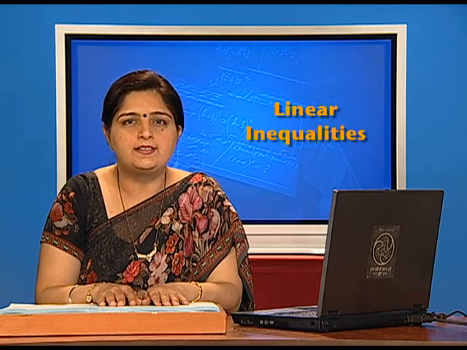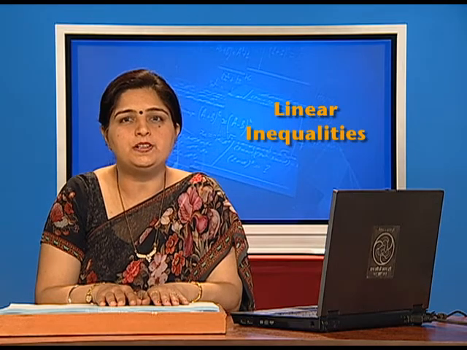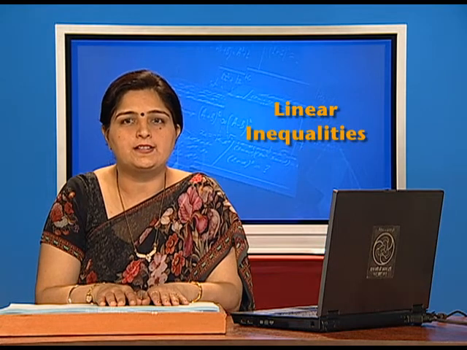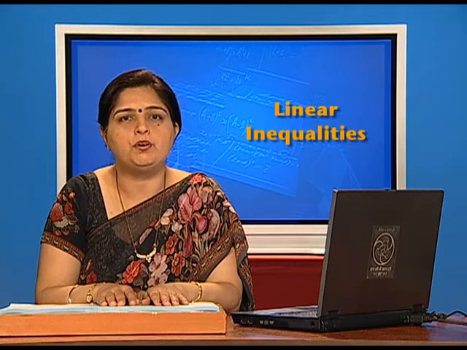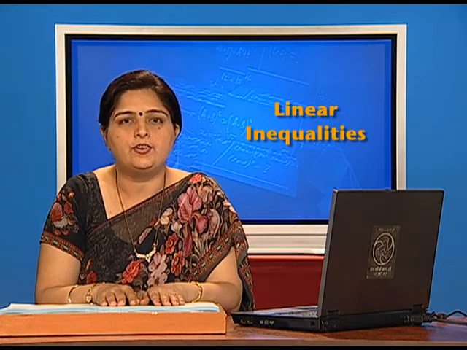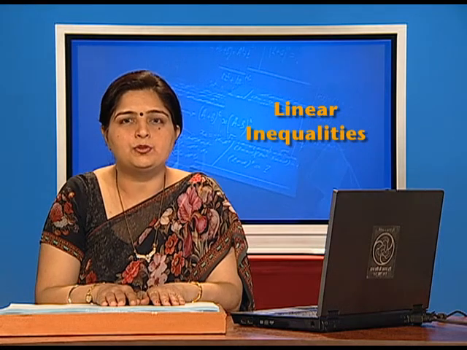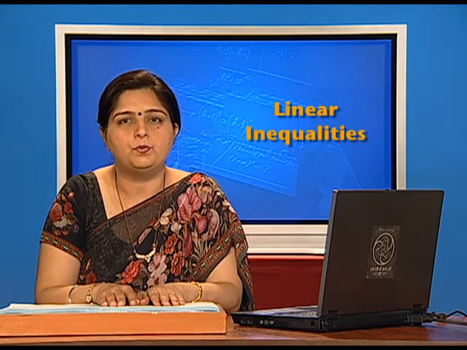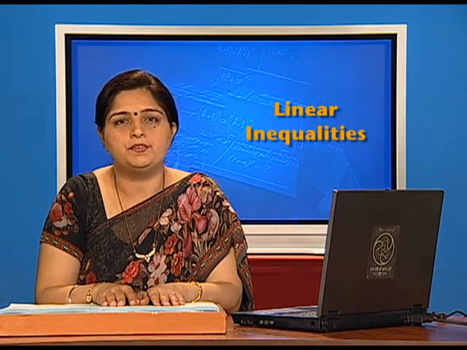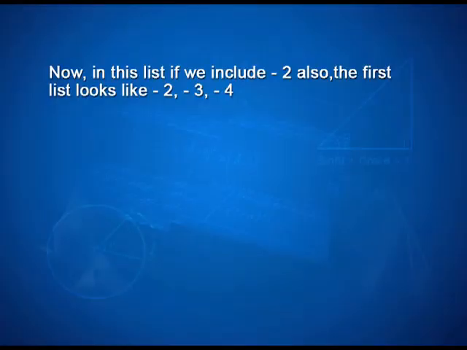So, for x less than -2, the possible integral solutions are x equal to -3, -4, -5 and so on. And for x greater than -2, the possible solutions are x equal to -1, 0, 1, 2 and so on. Now, in this list, if we include -2 also, the first list looks like -2, -3, -4 and so on.